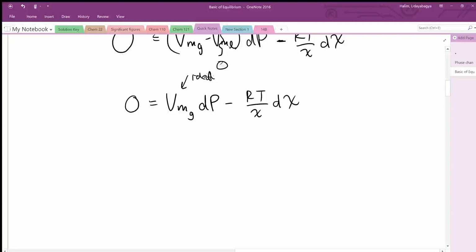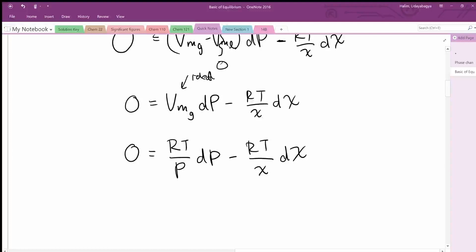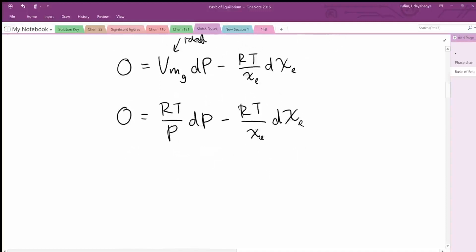If you have an ideal gas, this molar volume is just RT over P, so dP times RT over P minus RT over chi d chi. And this is again the mole fraction of the liquid phase. The RT terms can cancel out because they're the same. So what we have now is 1 over P dP equals 1 over chi d chi.